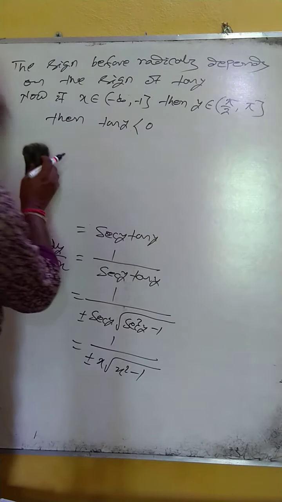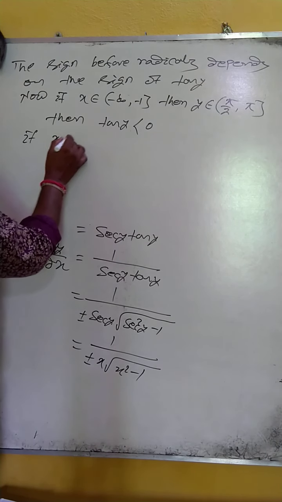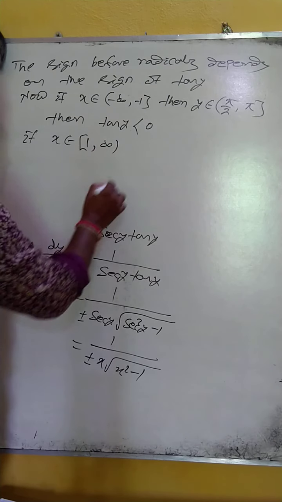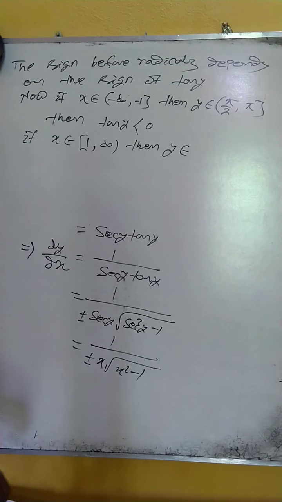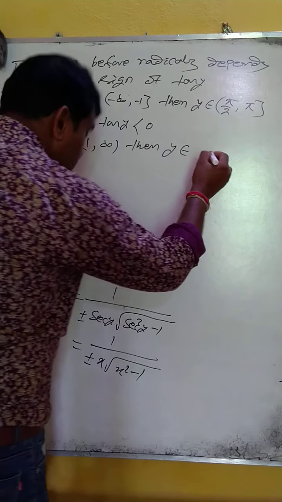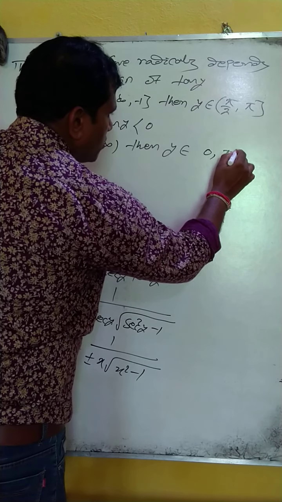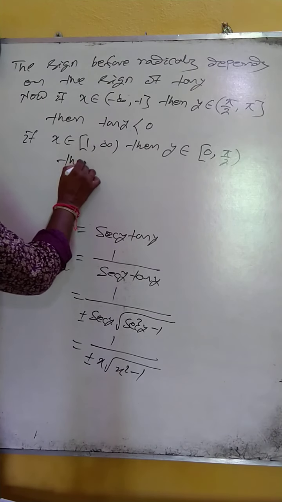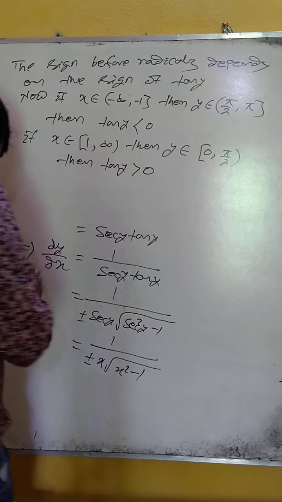Similarly, if x belongs to 1 to infinity, then y belongs to 0 to pi by 2, and then tan y is greater than 0.